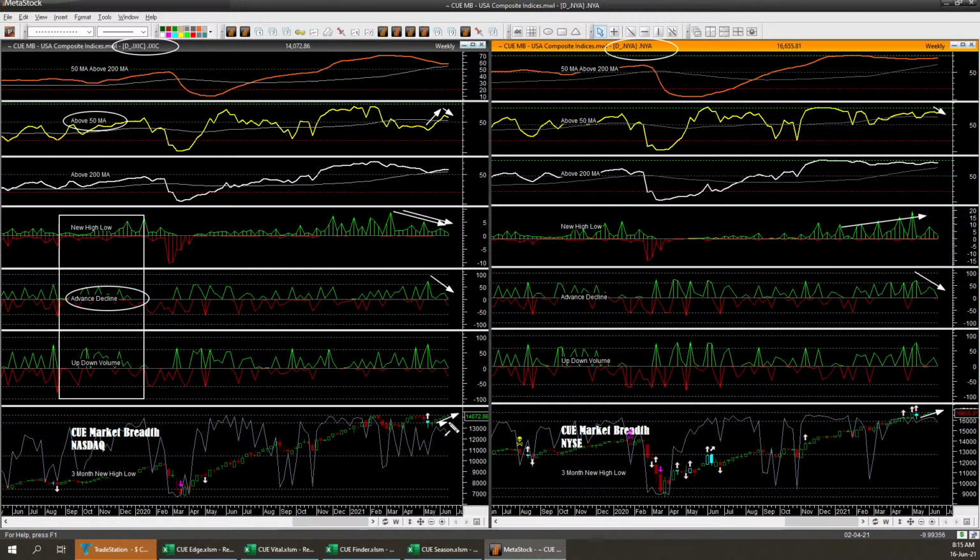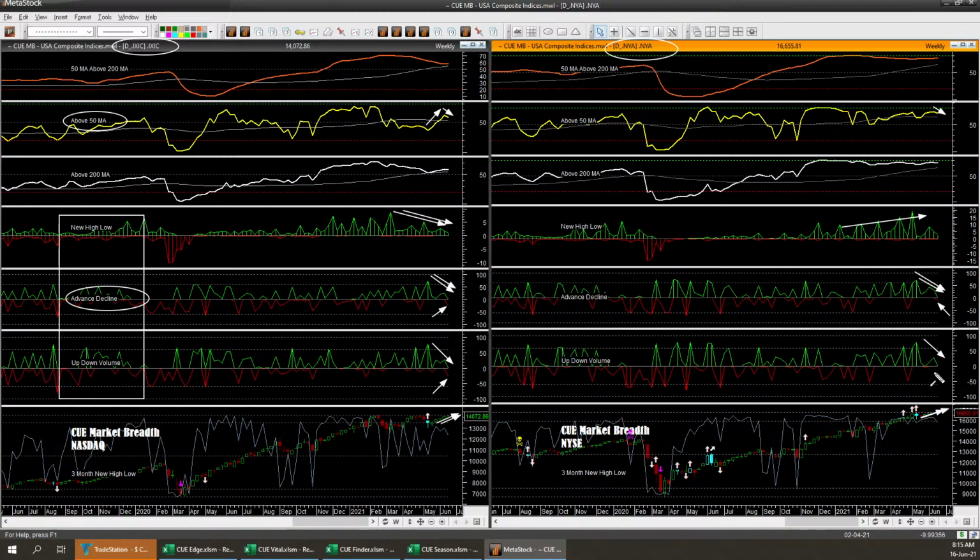Even the composites continue to go up, but the advance decline has tilted down. Nasdaq has tilted down a little bit more. You see the red line is a little bit more down than in NYSE. Also up down volume, if you look at the red line, it has come down more than NYSE.